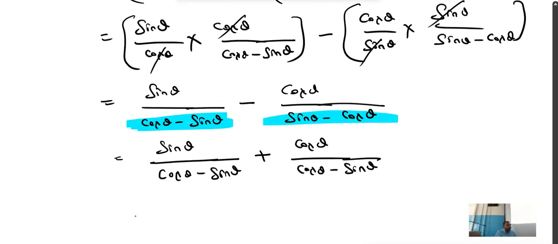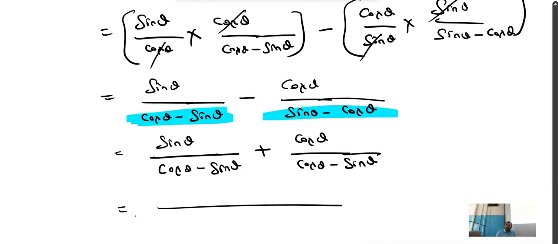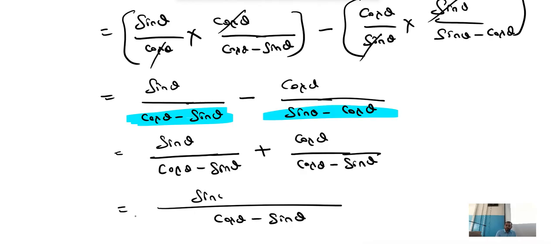Remember? Now we can take LCM, cos theta minus sin theta. If denominators are the same, we can add the numerators. That is sin theta plus cos theta. Correct? Sin theta plus cos theta.